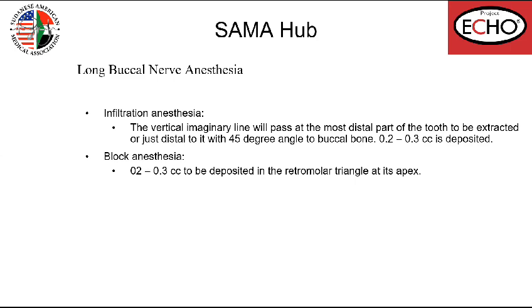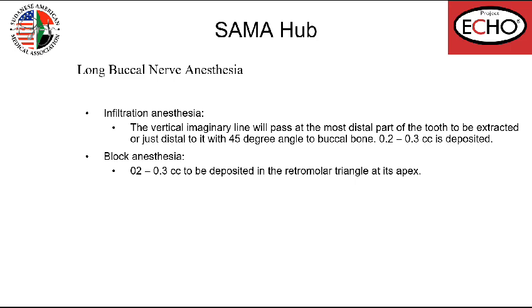Okay. From the premolars, from the mental nerve and anterior to it, the soft tissue is the responsibility of the mental nerve, and the lingual nerve, of course, is responsible for the lingual tissues.